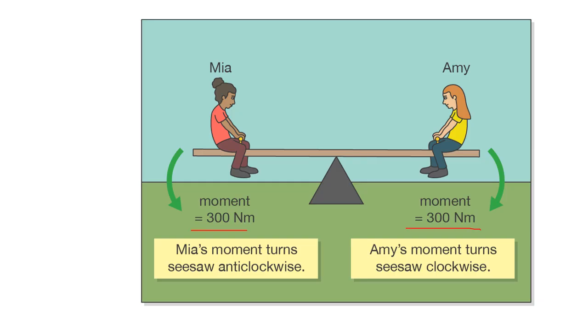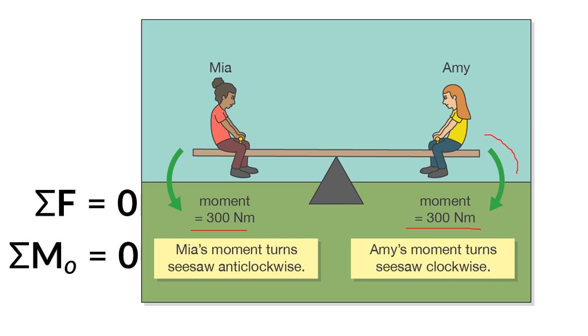On this side the moment is in anti-clockwise direction. On this side it is in clockwise direction. So when you make a summation, what you get is the summation of moment is equal to 0. Here the force is equal to 0 and the moment is also equal to 0.